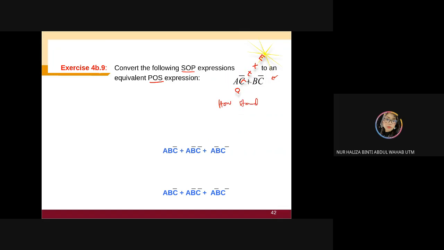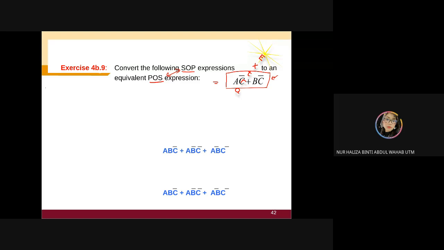Because it's going to be quite long, and of course it's not good for you, because you're going to add more gates, and your whole circuit will be complicated. But in terms of converting SOP to POS, POS to SOP, you need to have the standard version. Then you know how the truth table looks like.